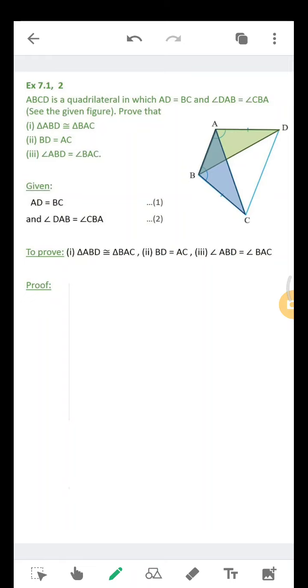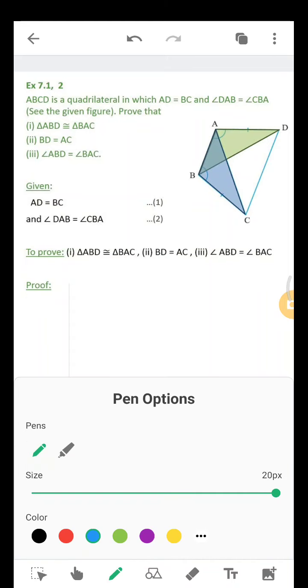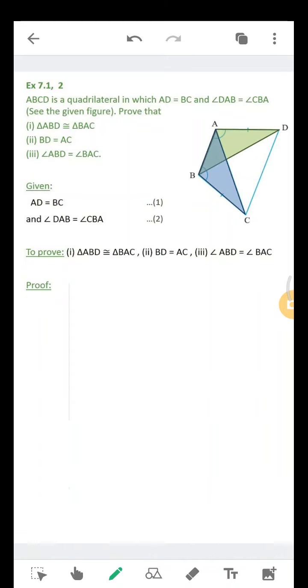In the second question, ABCD is a quadrilateral in which AD is equal to BC. Here also you can see two sides are equal in this quadrilateral ABCD. AD is equal to BC and angle DAB is equal to angle CBA. These two are also given equal.